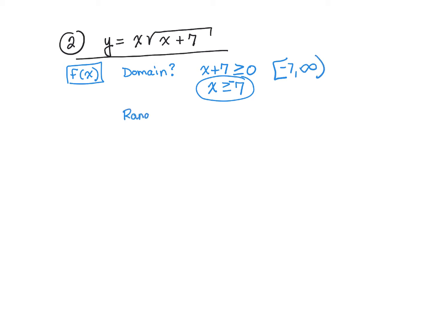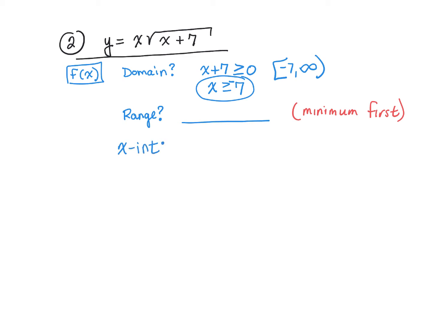The range is harder to find, and you'll be able to find it once you have the minimum. So we're going to have to find our minimum first. And then the next question was to find the x and the y intercepts.